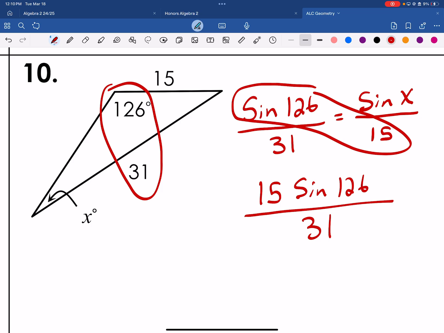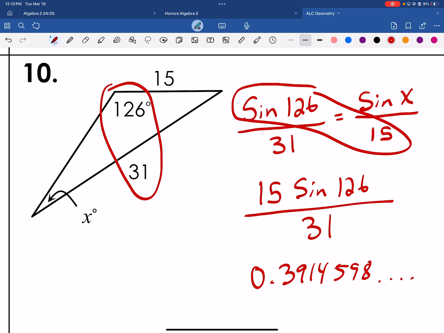Just kind of save ourselves a step of writing. So 15 sine 126 divided by 31. Again, you don't need to write this down, but you should have 0.3914598 dot, dot, dot.